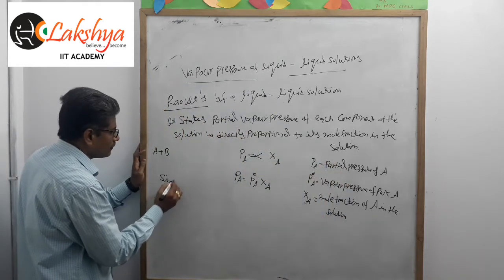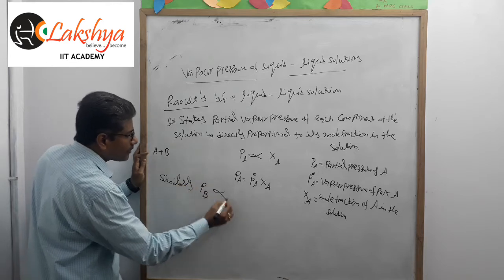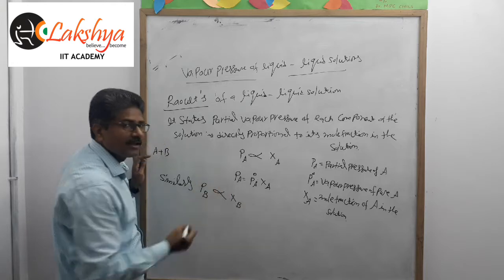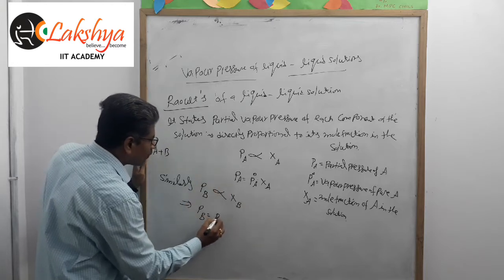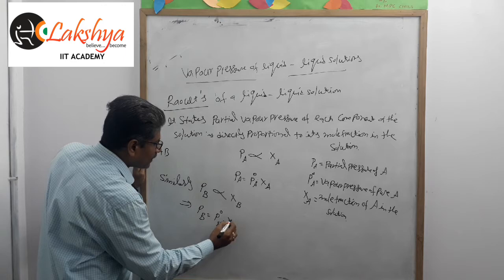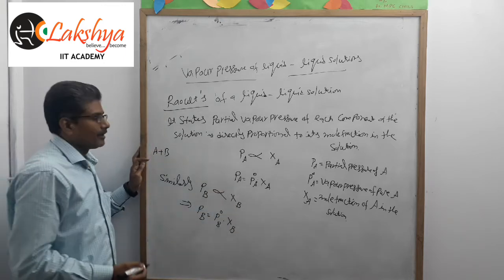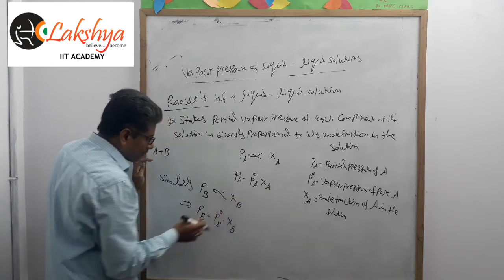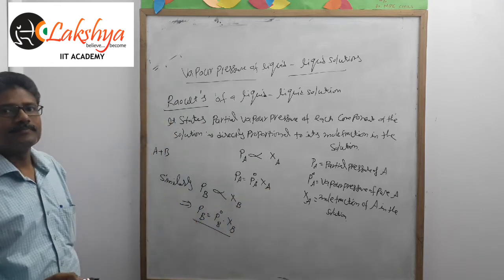Similarly, PB is proportional to XB, which implies PB is equal to P naught B into XB. So PA is equal to P naught A into XA and PB is equal to P naught B into XB.